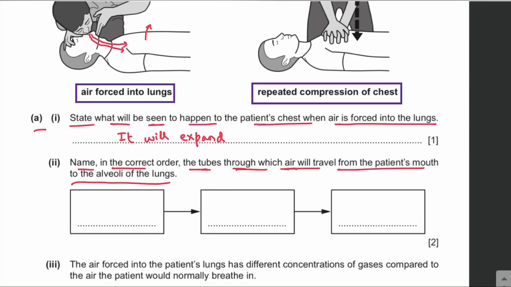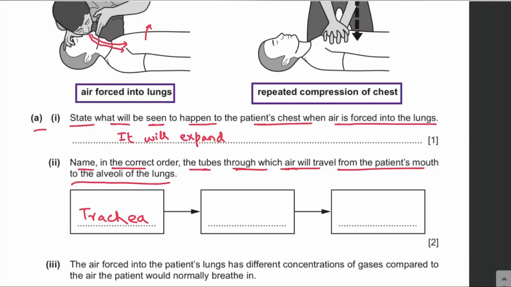So we have to mention any three words over here. Name in the correct order the tubes through which the air will travel from the patient's mouth to the alveoli of the lungs. So what we will write, we will start from maybe trachea. We have to write the correct order. We can also start from larynx, but it's better to start from trachea because we just have three boxes. Or we can write larynx instead of trachea.